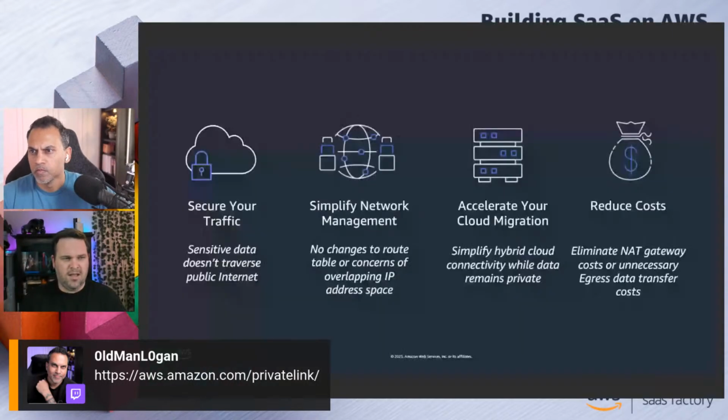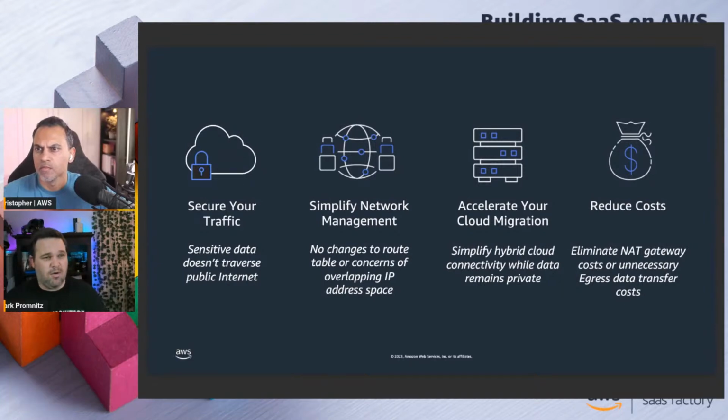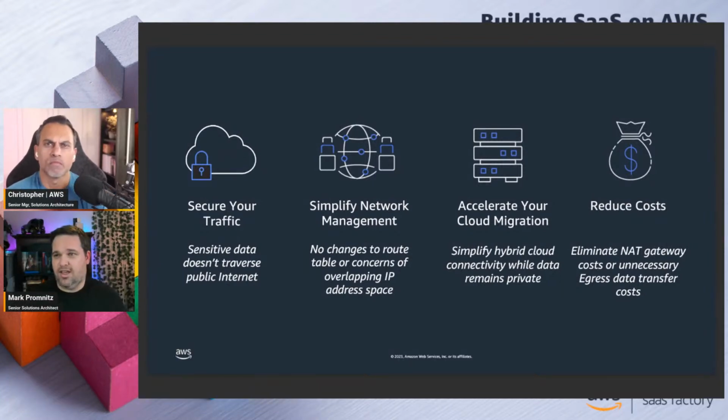So enter PrivateLink, and some of the benefits that can come from that. We can definitely look to secure your traffic. That's one of the key benefits of going private: keeping that traffic off the internet. We can simplify a lot of that network management. One of the amazing points of PrivateLink is that it separates your IP address spaces.